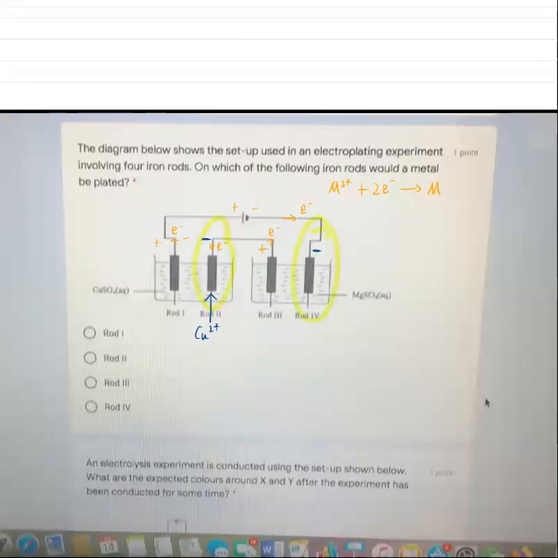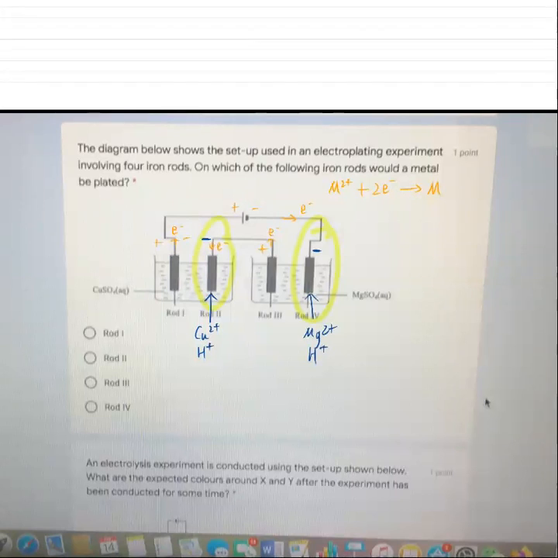In the solution we got copper 2 sulfate, so copper 2 ion, and also hydrogen ion from dissociation of water. And then similarly, we do it for rod 4. In this cell, we got magnesium ion and also hydrogen ion.